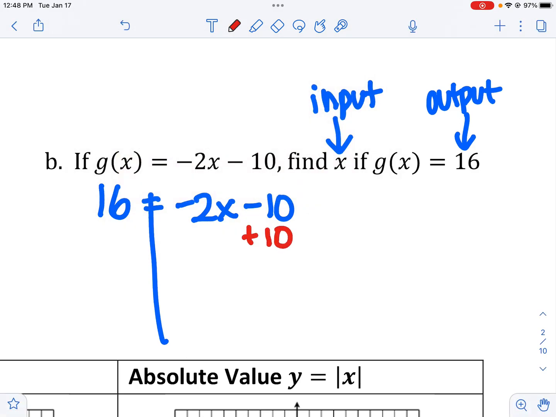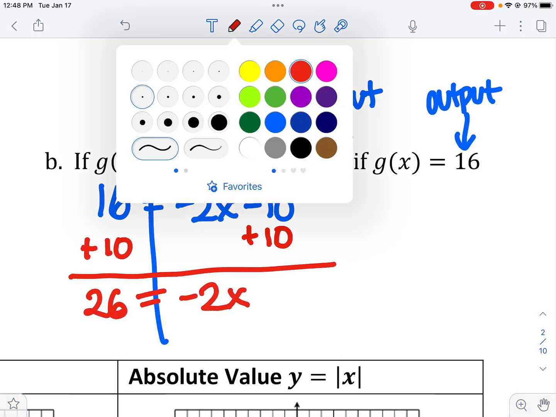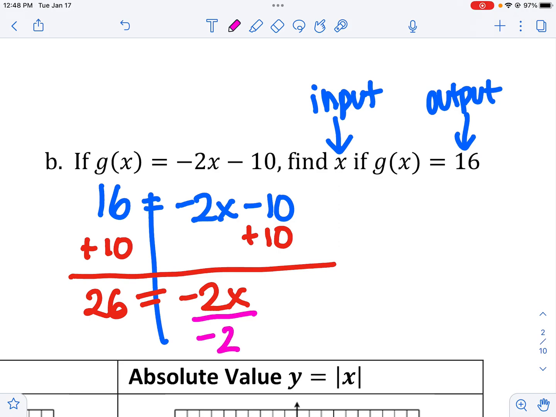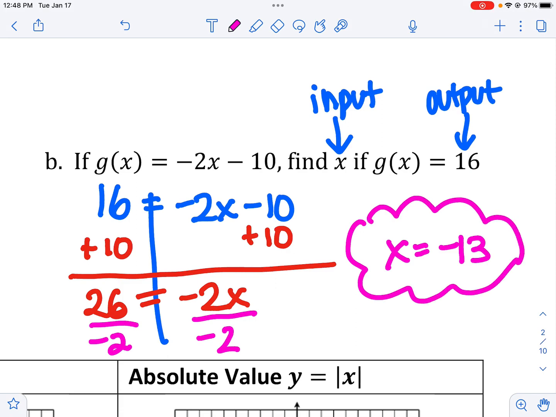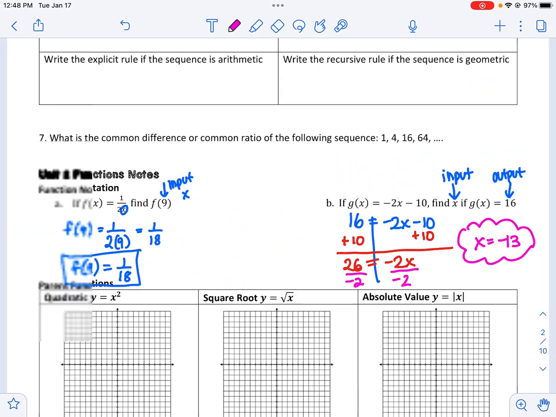So we'll add 10 to each side. We get 26 equals negative 2x. We'll divide each side by negative 2, and we'll get x equals negative 13. So the input is negative 13 when the output is 16. So you have either the input or the output, and then you have to solve for the other value.